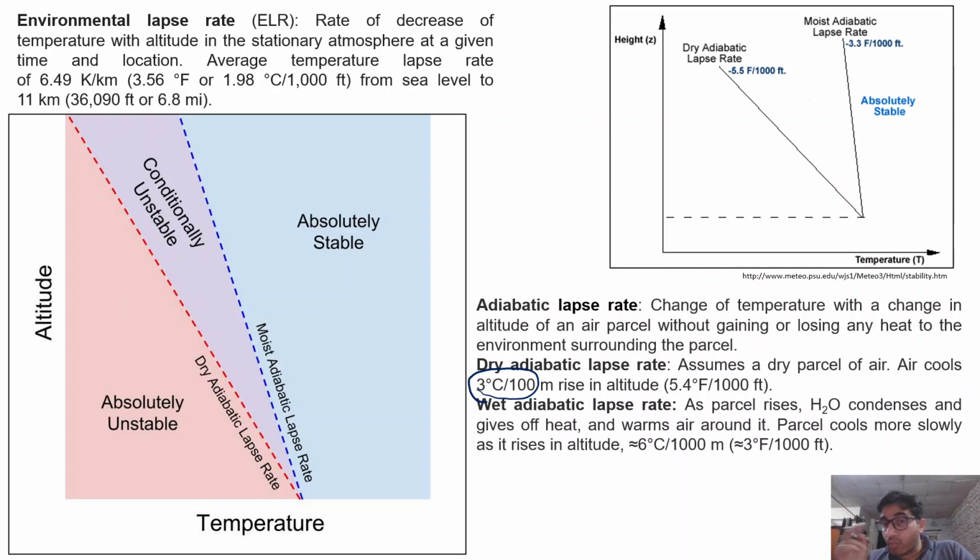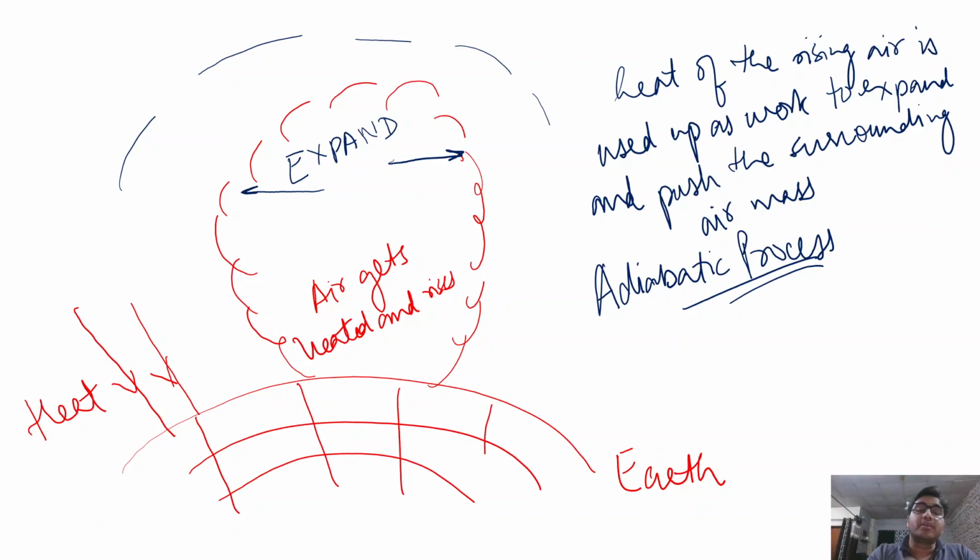But once the air mass has water in it, water vapors, it is humid. So what will happen? As it goes up, the work is being done, plus the water vapor in it starts to condense, यानी जो उस एयर मास के अंदर वाटर वेपर है वो धीरे धीरे कंडेंस होगा। तो फिर क्या होगा? The heat of condensation which will be released will be given to the surrounding air mass.